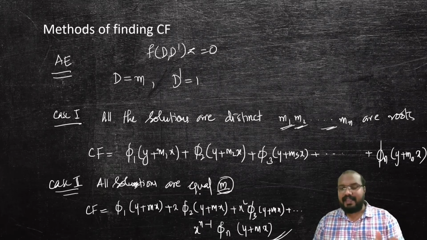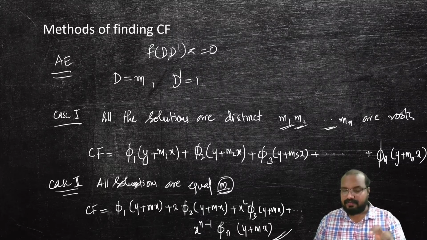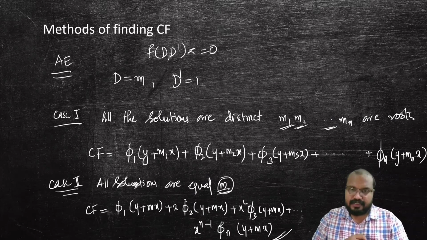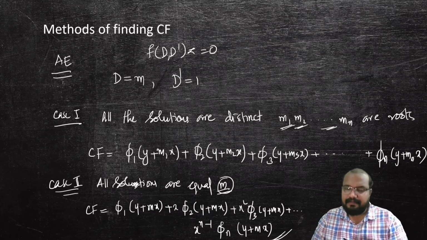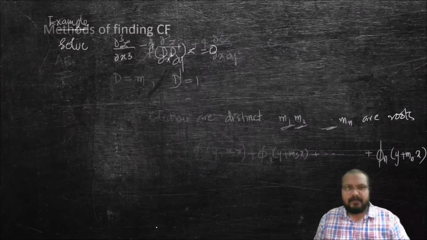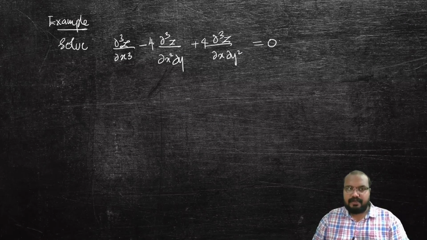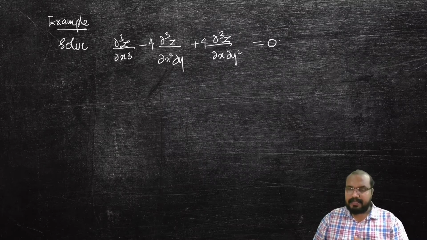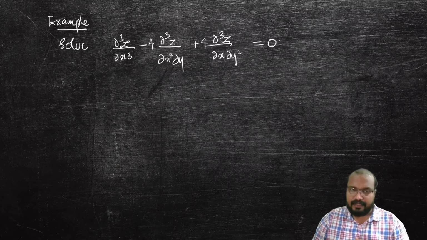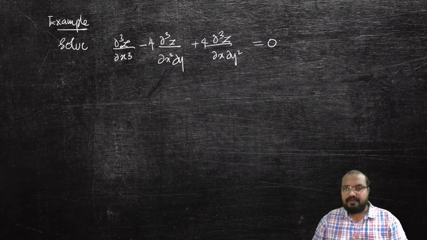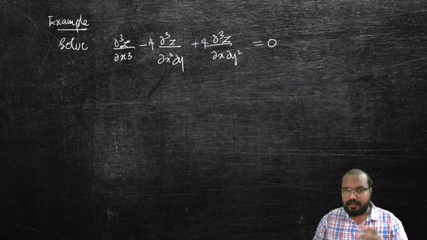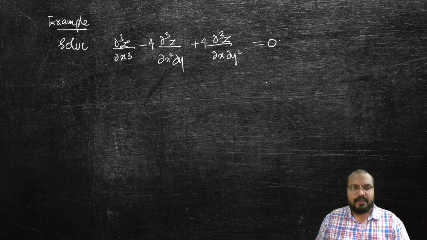This procedure can be adopted when 2 or 3 or 4 of the solutions are equal in an nth degree equation. Okay. Now let us check this example. How to solve this equation? ∂³z/∂x³ minus 4 ∂³z/∂x²∂y plus 4 ∂³z/∂x∂y² equal to 0. Okay.